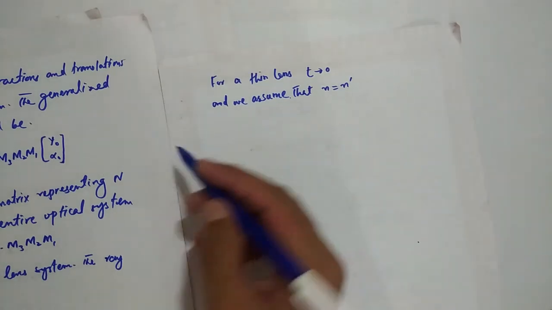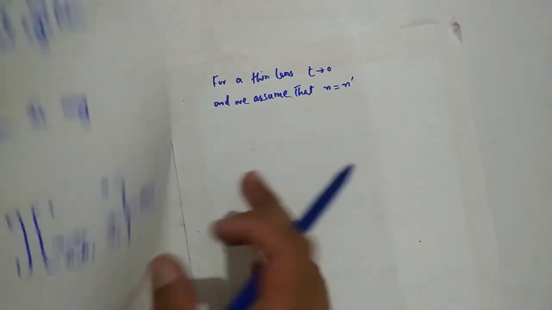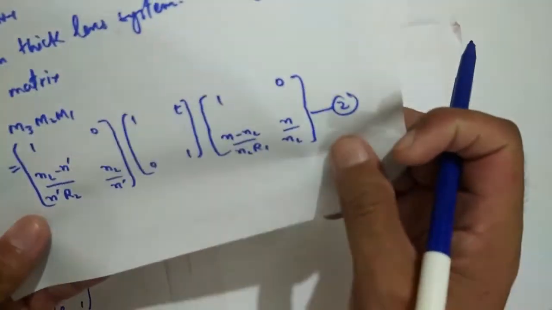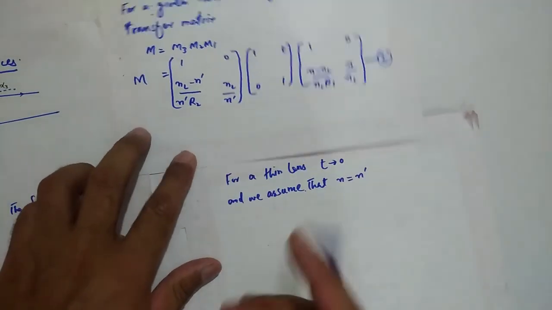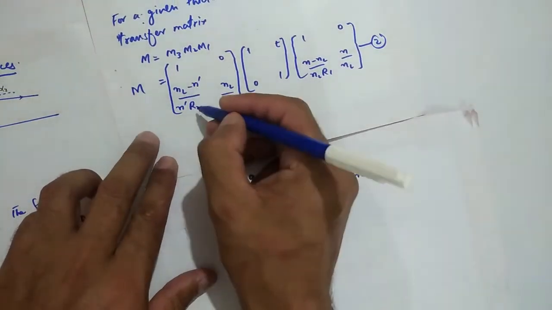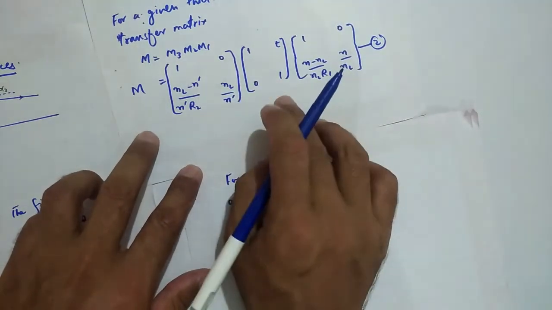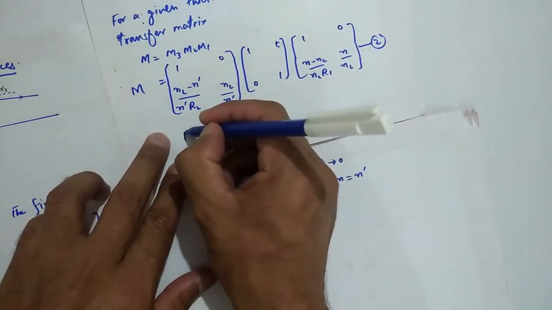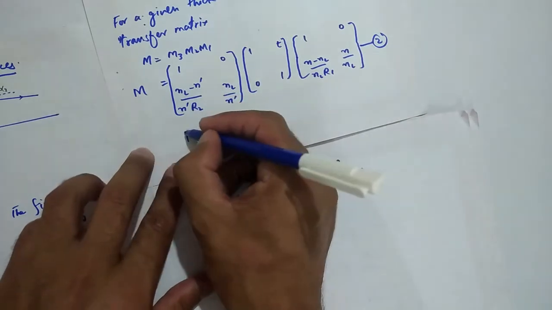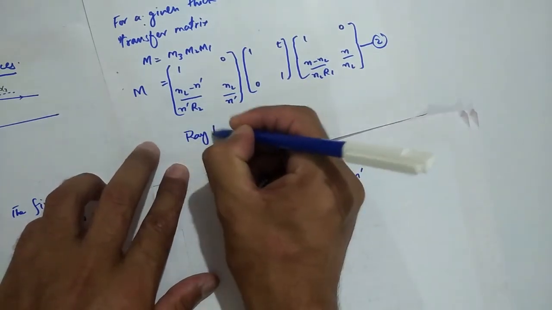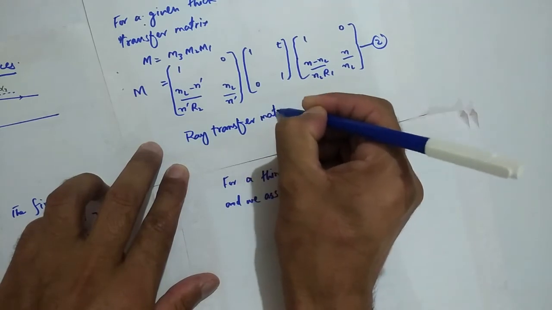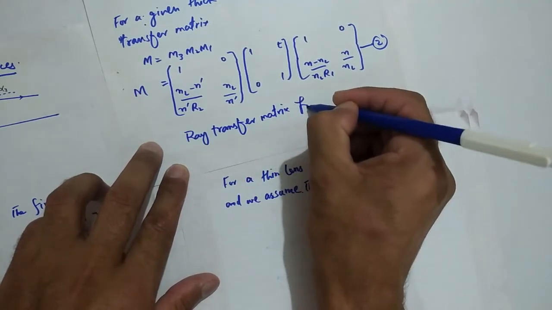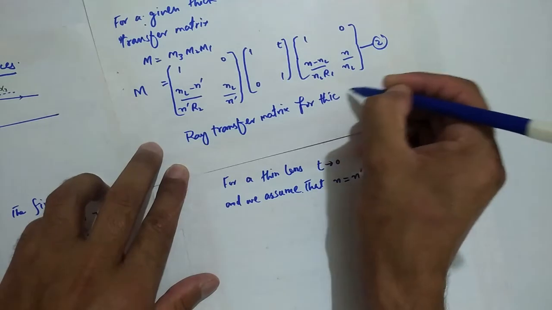So this will become this equation, which I have written as equation number 2. This is the ray transfer matrix for a thick lens.